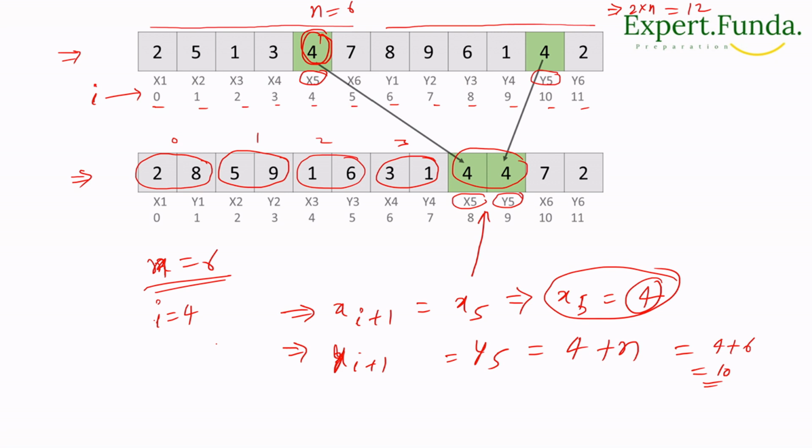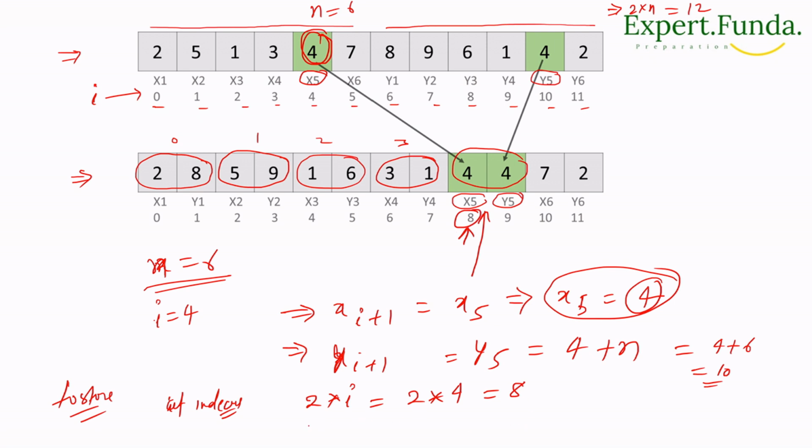So at what position will this value get stored? How will we calculate that? To store this pair, we have to find the indices, right? So first it will be 2 into I, and with I being 4, that comes to 8, so you can say we are getting x5 at index 8.